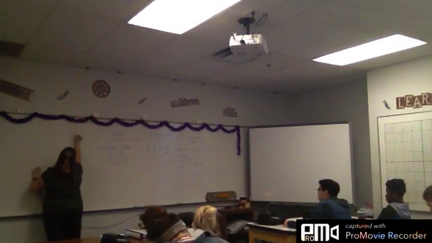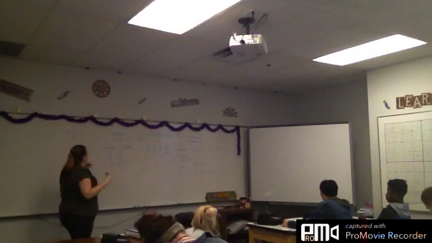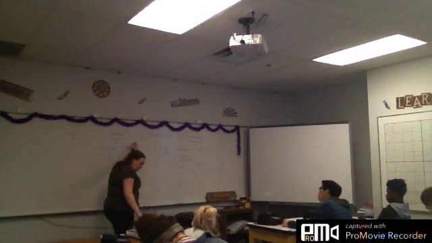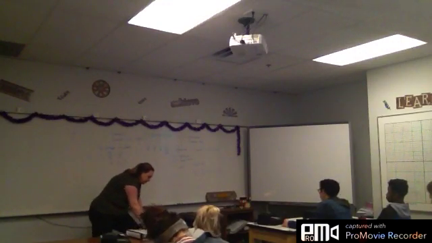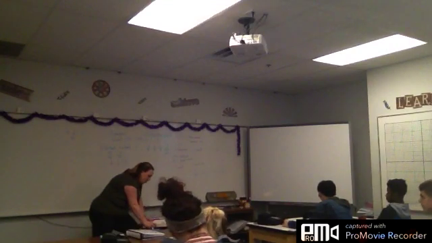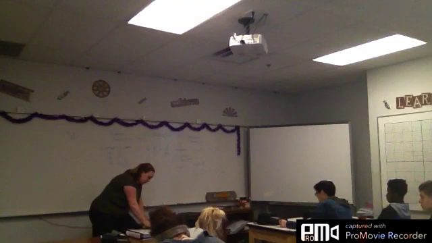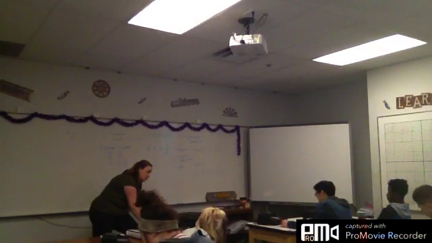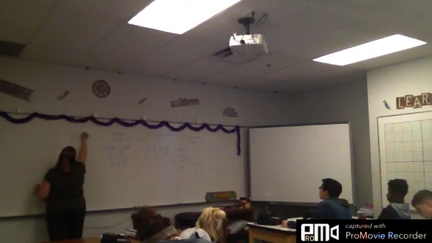39 out of 52. Now, I need to multiply it by this, correct? Yeah, the probability of B over A. So the question is this: how many hearts do you have to choose from? 13. How many cards do you have to choose from? 51. So it's 13 over 51.